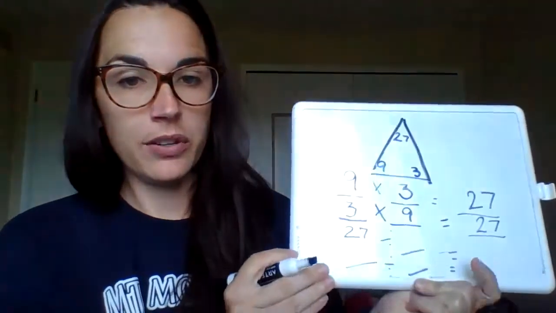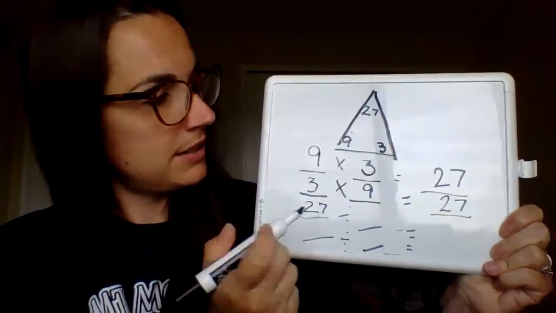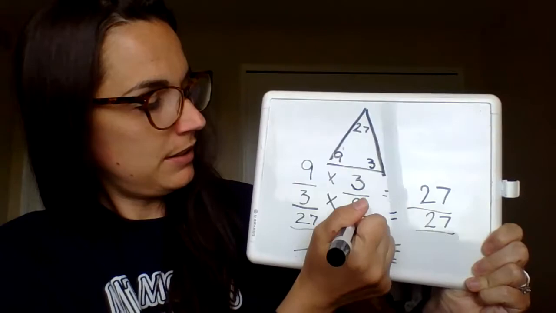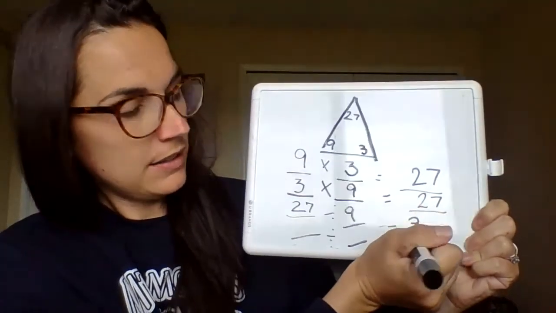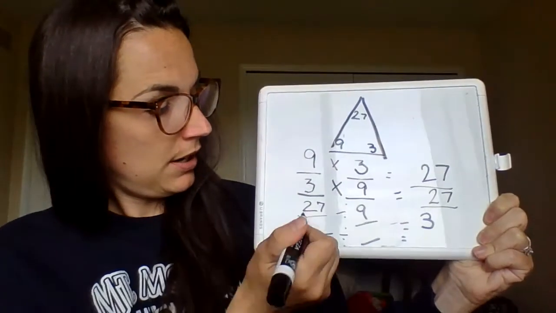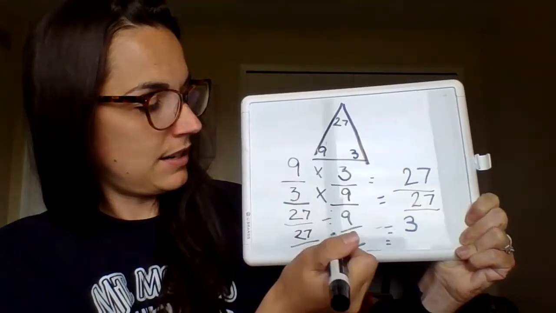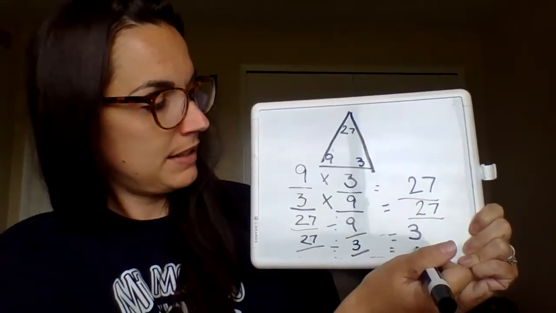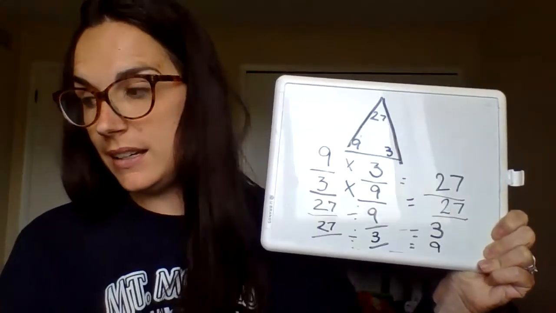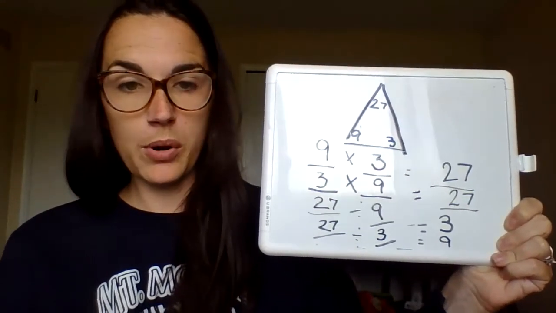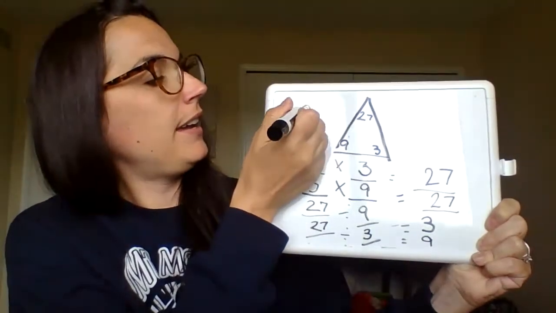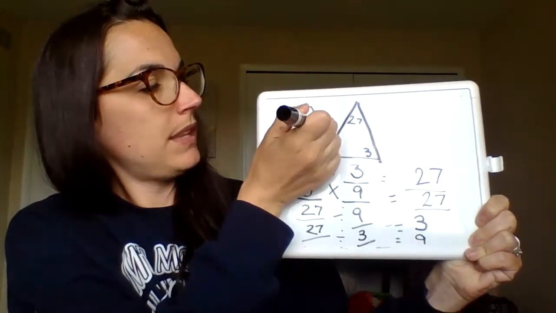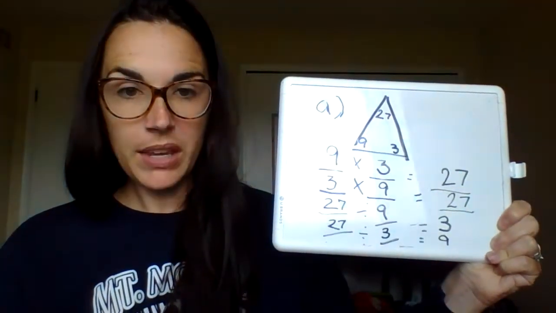So if I have 27 stickers, I divide them into 9 groups, I'll have 3 in each group. If I have 27 stickers and I divide them into 3 groups, I have 9 in each group. Okay? So that is letter A on the worksheet. That's your example for that one.